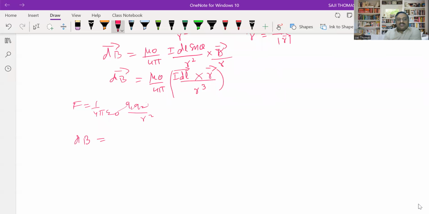The second similarity is that both obey the superposition principle. Total field is due to the vector sum of all the fields due to different elements.